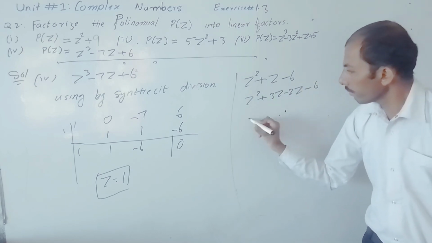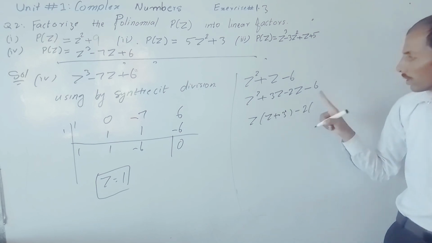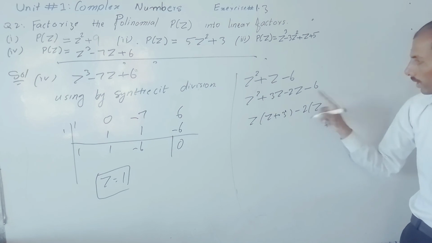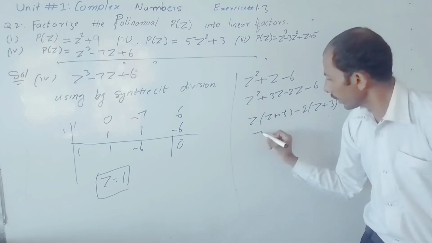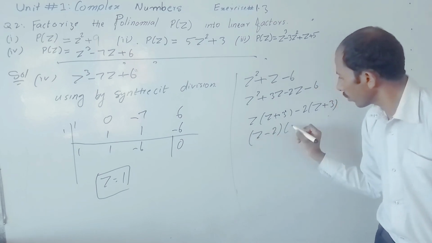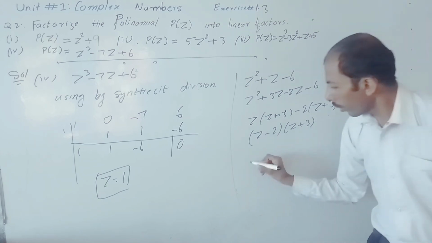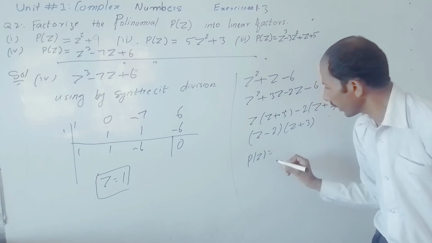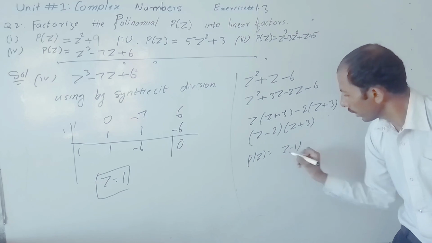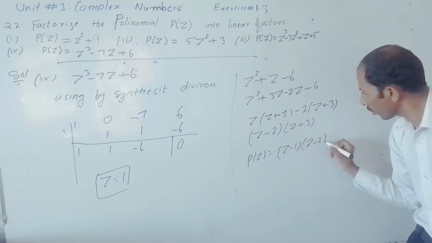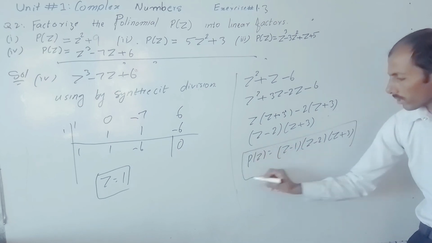Taking common z, so z into z plus 3, minus 2 common, so z minus 2 into z plus 3. So next, polynomial p of z is equal to z minus 1 into z minus 2 into z plus 3, which is the required solution.